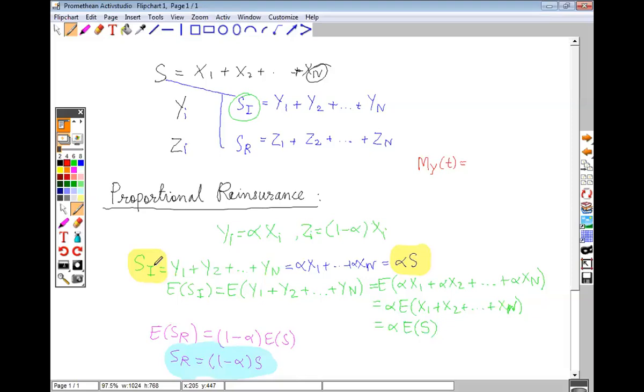But again, I'm just caring about this one Y right now. So if I have to figure out M_Y(t), again I can rewrite this as expectation of e raised to tY, right? How can I rewrite this now, given that I know that my Yi is alpha Xi? Anyone?